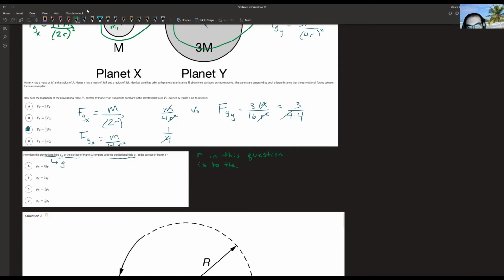I'm just going to write here something for the future, but hopefully you guys recognize it. So R in this question is from the center to the surface, which is a little different than the first question.